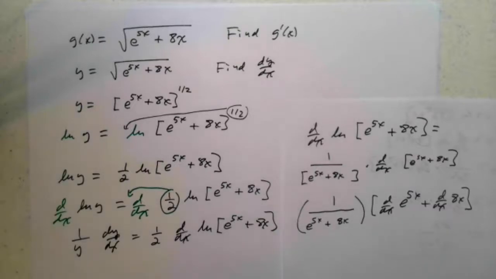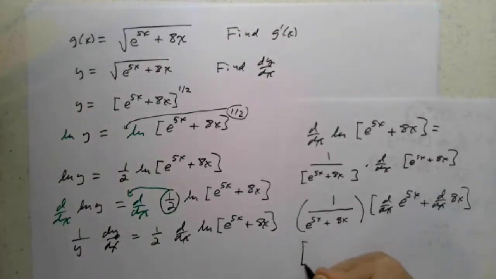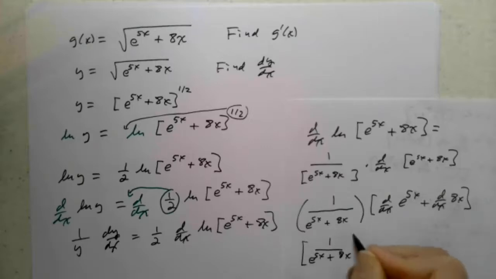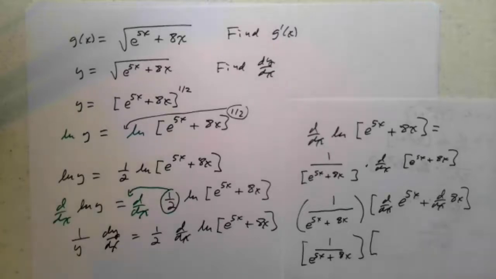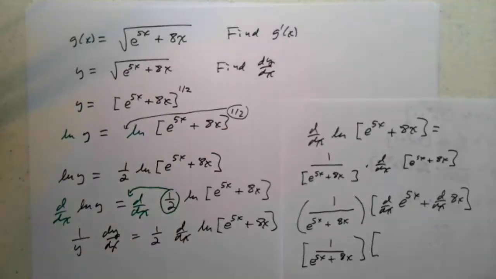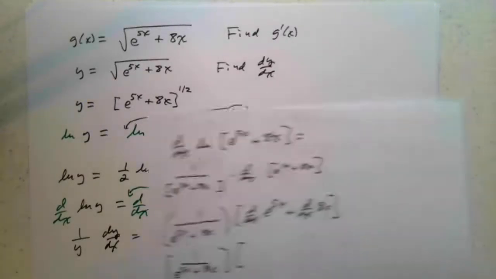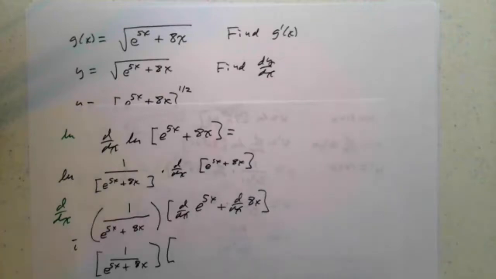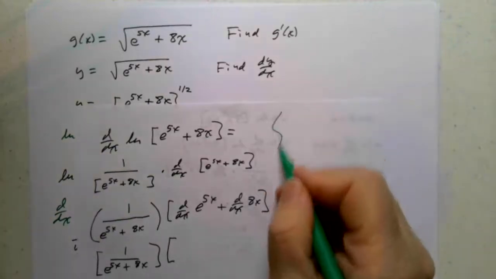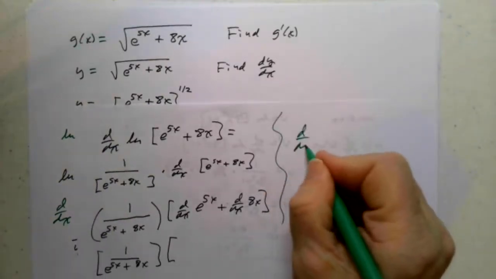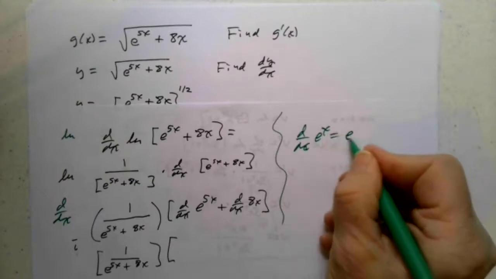And then what do we get here? So now I have 1 over e to the 5x plus 8x times. What's the derivative of e to the 5x? Well, let's talk about it. What do we know? We know the derivative of e to the x is e to the x.